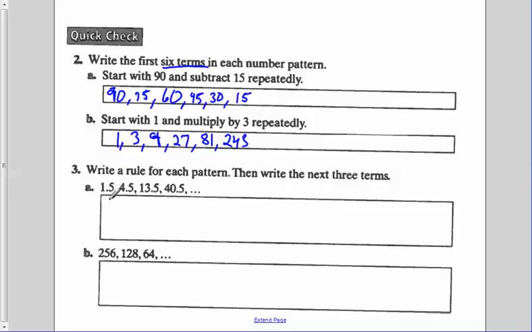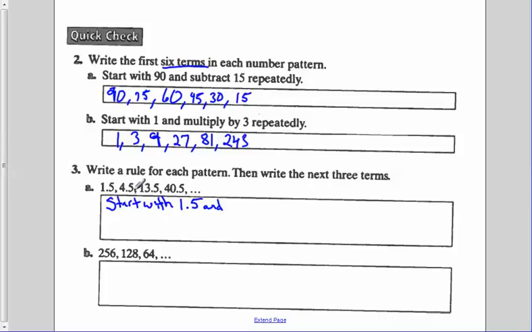Alright, now the next two, a little bit tougher. Cranking it up a notch, we start with 1.5, and then our next one is 4.5. So I could say, well, I'm going to add 3. But if I add 3 to 4.5, 7.5 is not 13.5. So I need to find out what rule we need to follow. I'm going to start with 1.5.